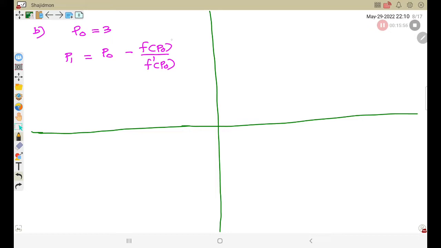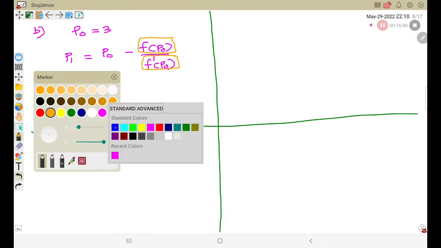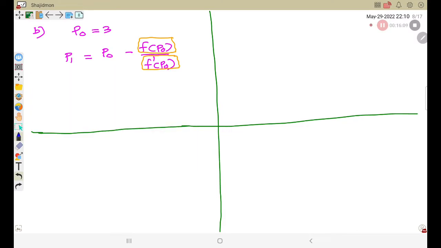Now in this rule, f of P0 and f dash of P0 we are calculating separately, because all the calculation we need to take 3 digits rounding separately. So first I am calculating the value of f of P0. After that I want to calculate the value of f dash at P0. Correct?